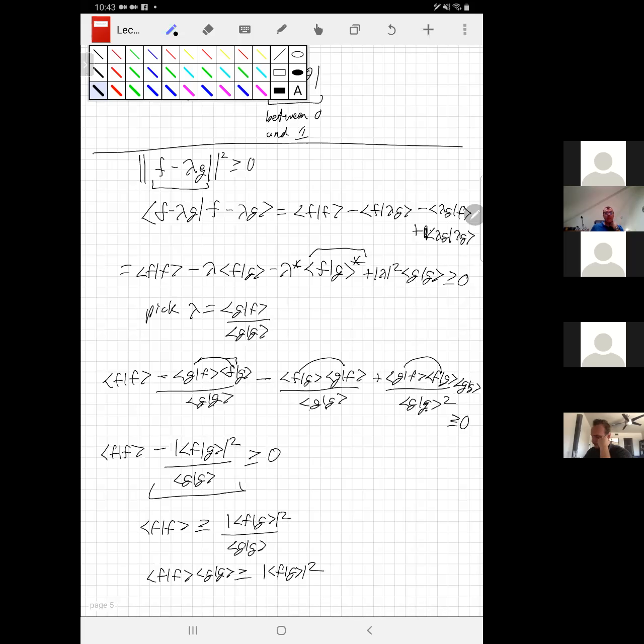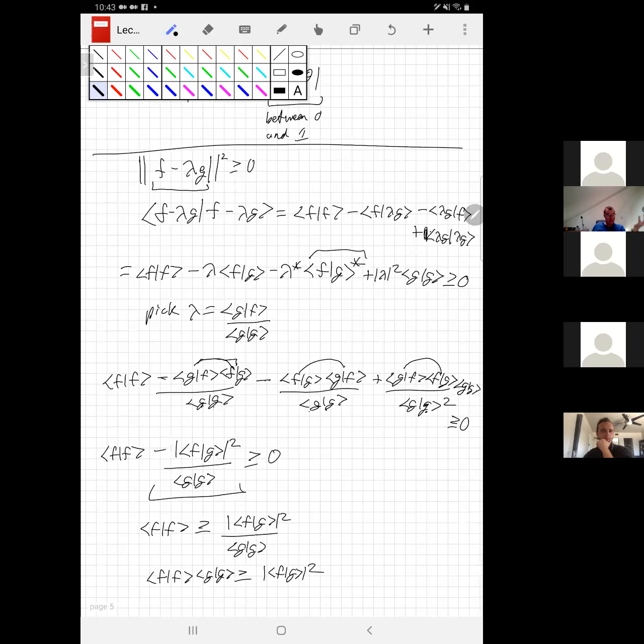Any questions? All I've done so far is basically prove that this inner product, which is a generalized dot product, obeys a simple property of the generalized dot product.